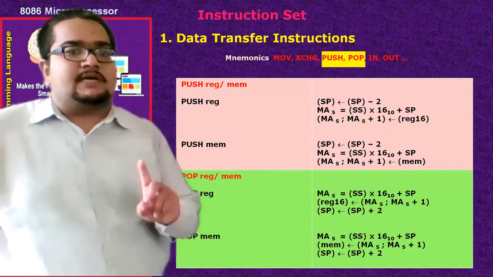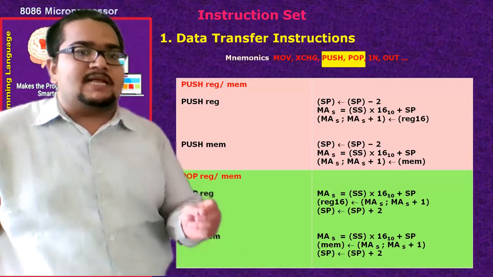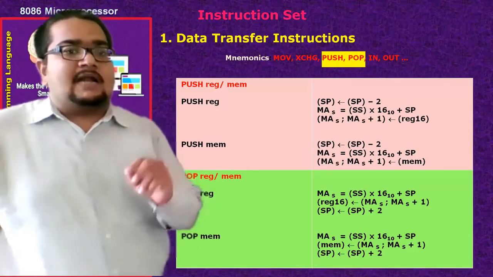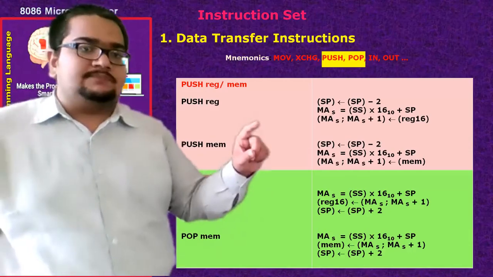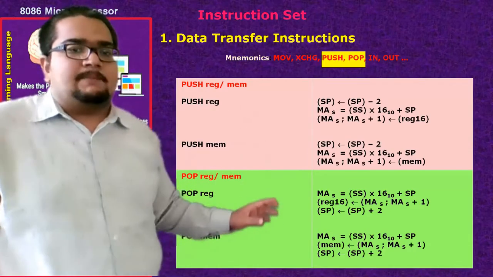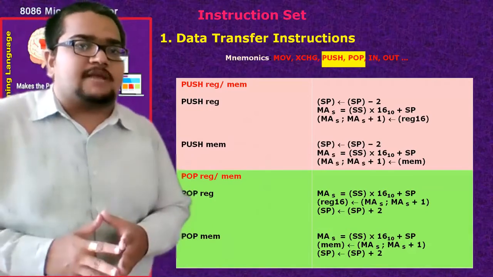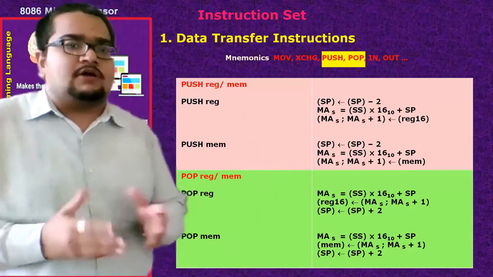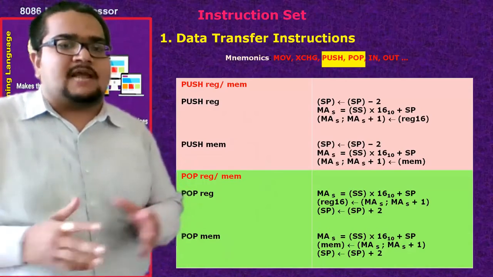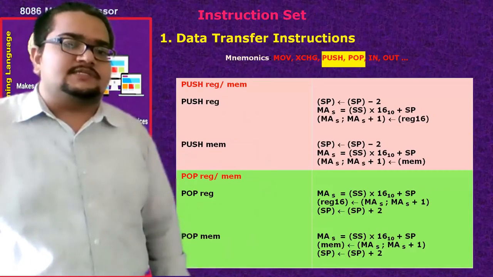Suppose SP is currently pointing to 8, so it will move the data available at 8 and at 9 into the given register, and SP will point to 10. So push and pop are inverses of each other. Push is used for saving the data onto the stack memory, and pop is used for taking the data back from the stack memory. Okay, so these are also data transfer instructions.